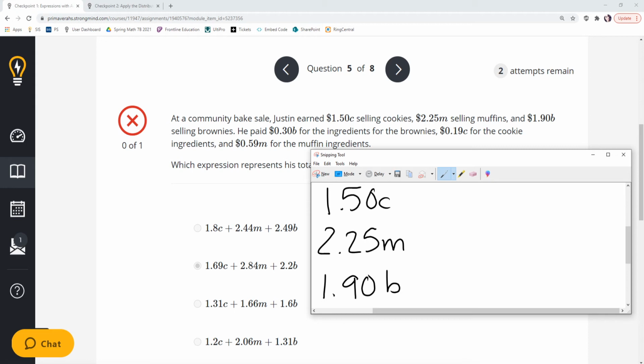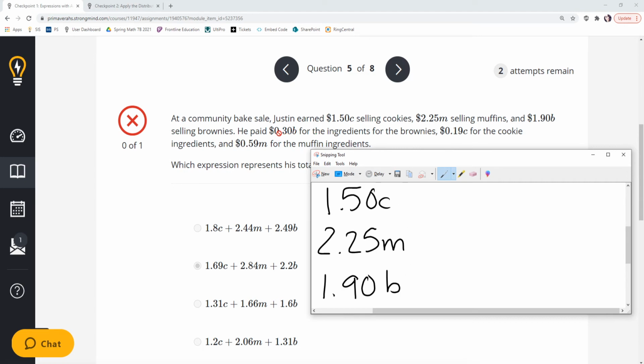Then the second part here where we have all these three numbers, these are going to be negative. And the reason why is because this is how much money he had to spend on his ingredients. So he is spending money, so he's losing money when he spends it, but he has to in order to bake, right? So I'm going to take these three numbers and I'm going to write them next to the variable that matches them.